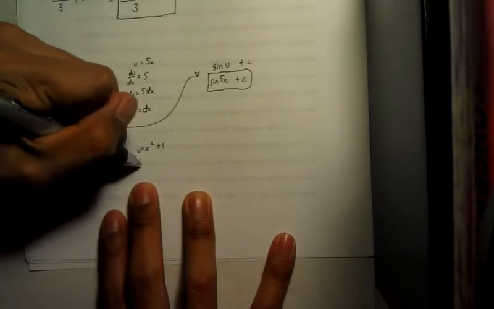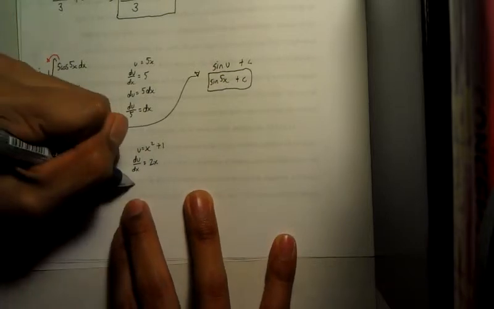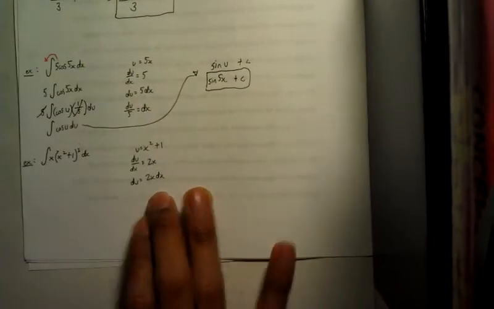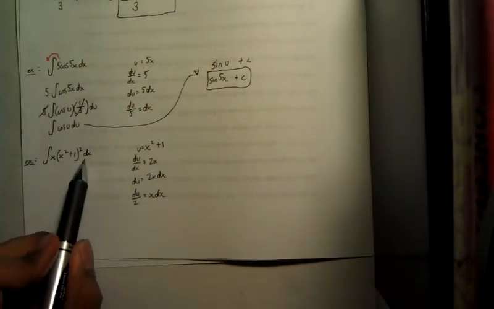Take the derivative with respect to x, and you get 2x. du equals 2x dx. Now notice how we have the x dx, but we don't have a 2. So what we'll do is just divide both sides by 2. And now we have what we need for our substitution right there.